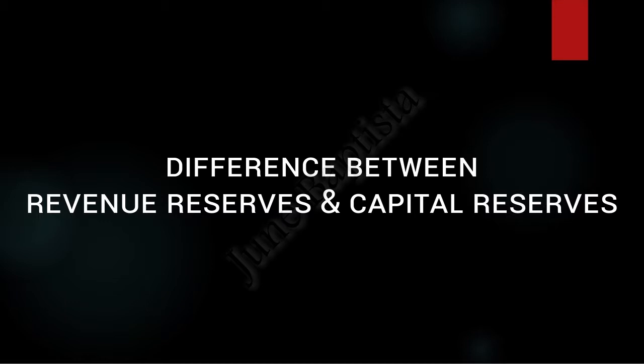In this slide, we will be examining the difference between the two reserves, revenue reserves and capital reserves. Revenue reserves are created by transferring profit from the appropriation section of the income statement to the reserve.